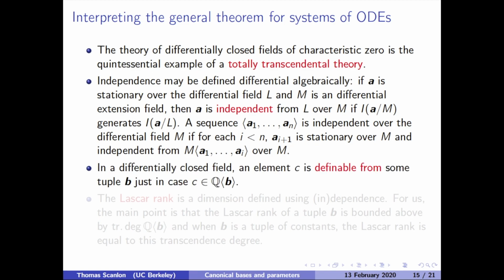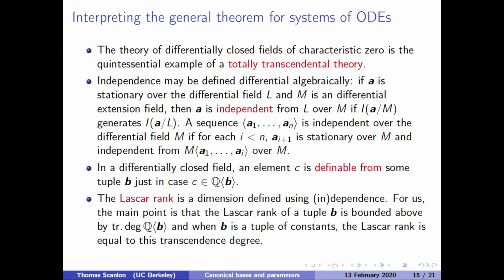Definable from just means in the differential field generated by, for us. And Lascar rank, well, I won't go into what that means, but in the case that we're considering, with the parameters that are constants, it's just the transcendence degree.